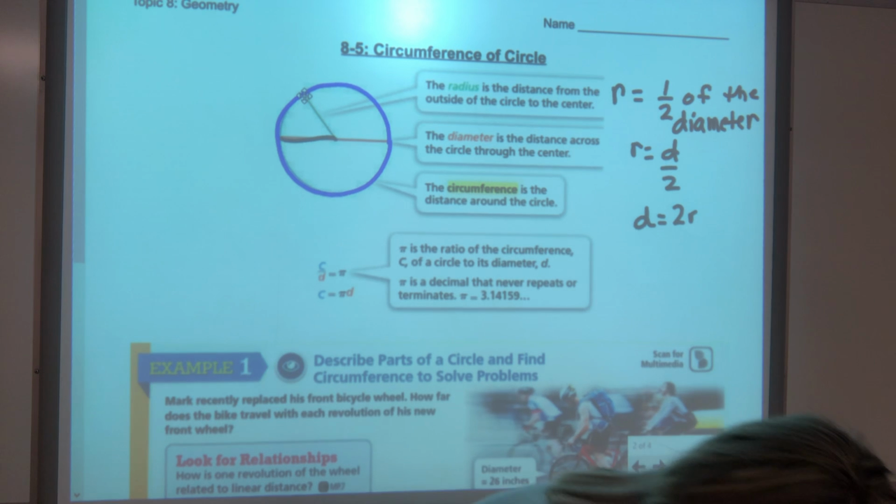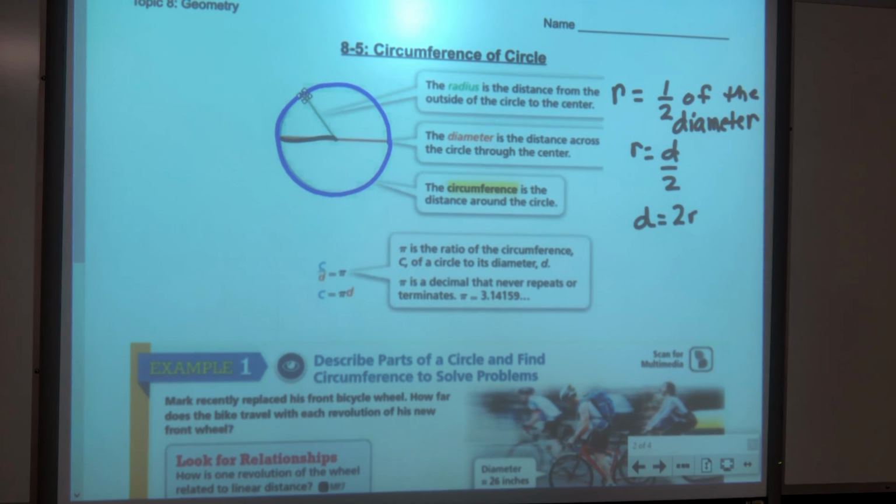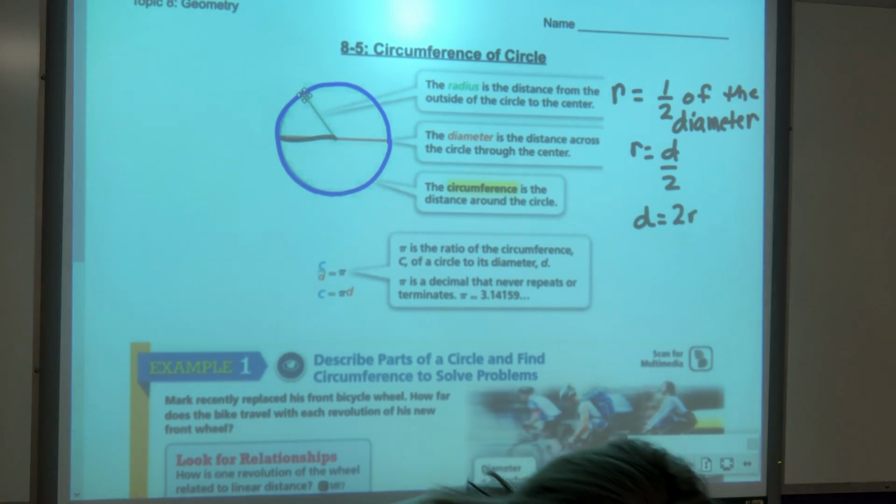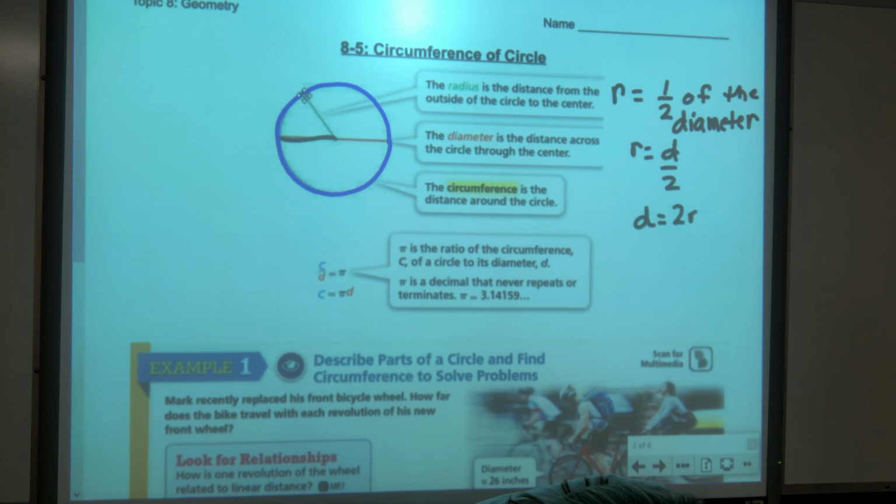Okay, so if I were to measure this distance here, I get 12 inches plus 1 6/16.